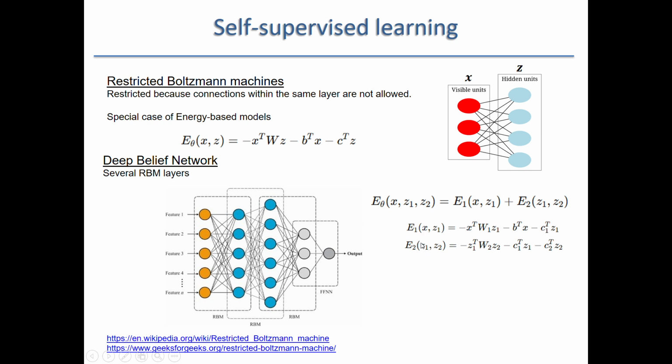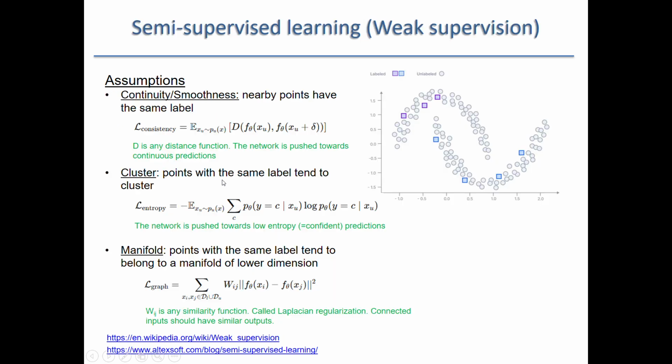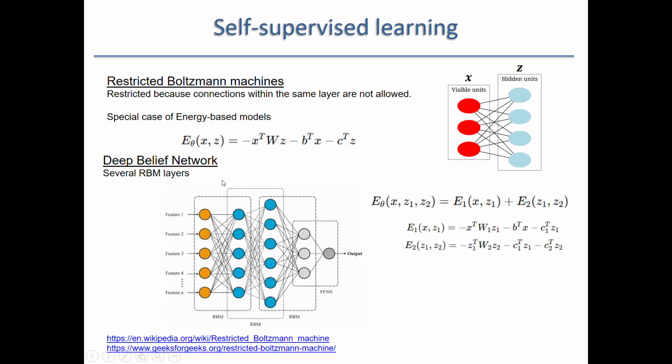The energy between z1 and z2 is another formula, and z2 and the next layer would be another formula. And then we have the feed-forward neural network, the standard one that we normally have in dense neural networks. The whole thing is named a deep belief network. So this would be all for these energy-based machines, and see you in the next video.